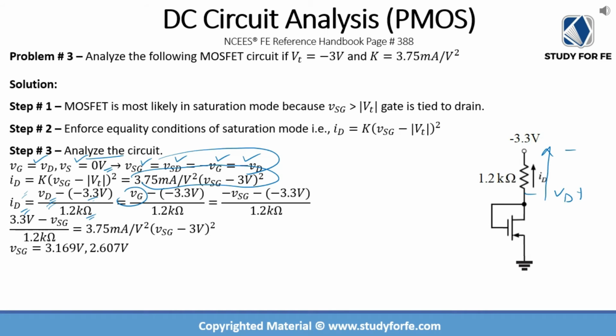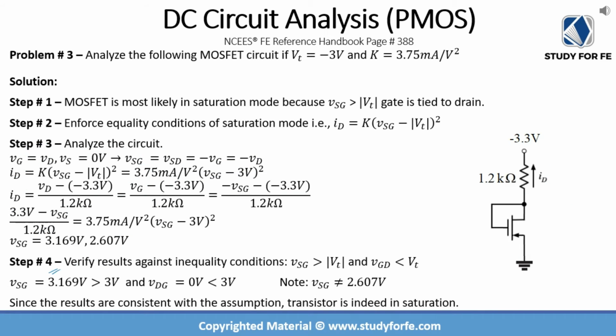Okay, that's this here, VD is equal to VG, and VG is equal to minus VSG. So that's coming from this, and then I can rearrange this equation, equate the two equations because they're both in ID, and then solve them, and I'll get these two values for VSG.